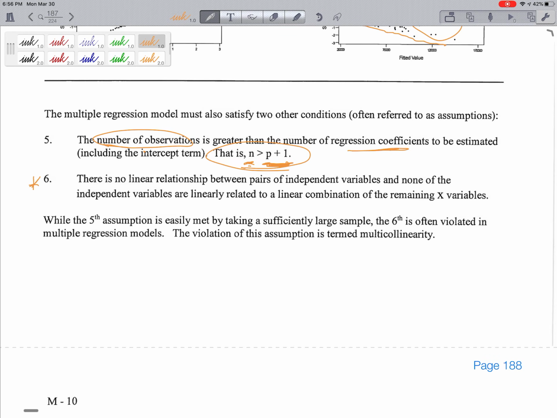This is a more important one. And this is that there's no linear relationship between the pairs of independent variables, and none of the independent variables are linearly related to a linear combination of the remaining x variables. We're going to talk about that next. That is a violation of something that we call multicollinearity.